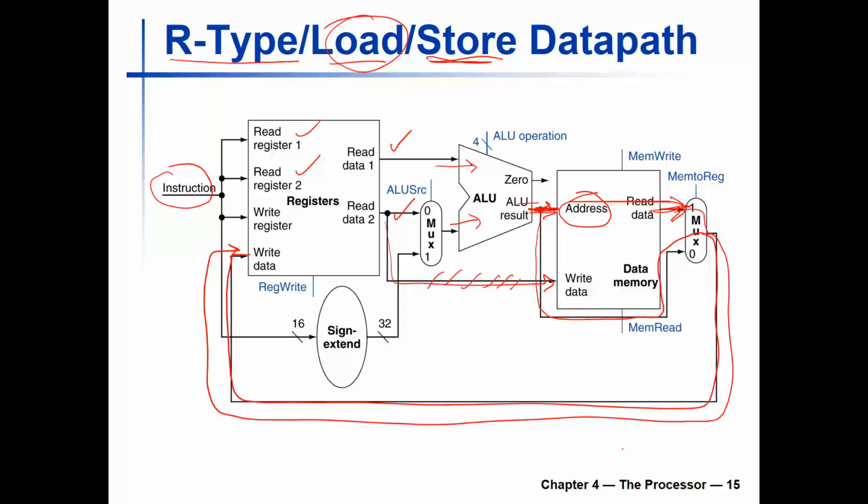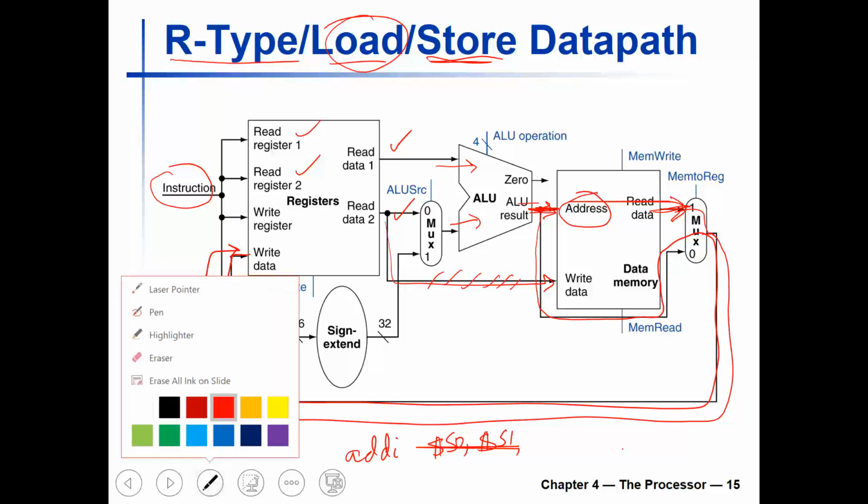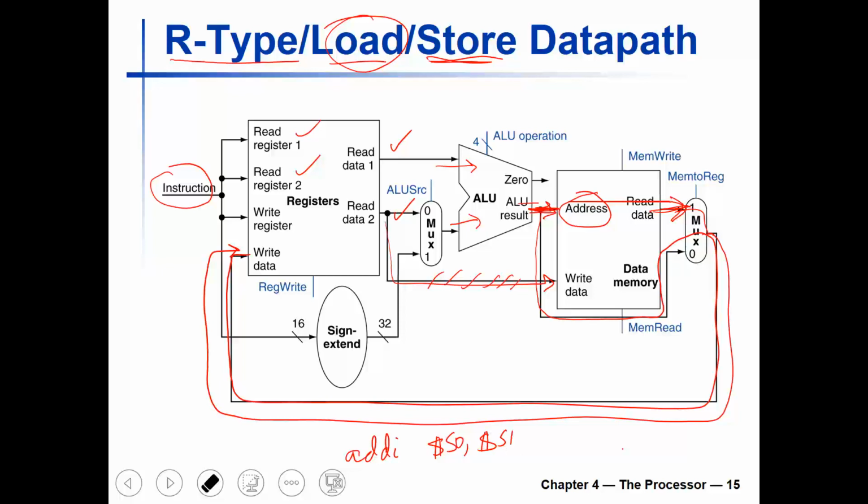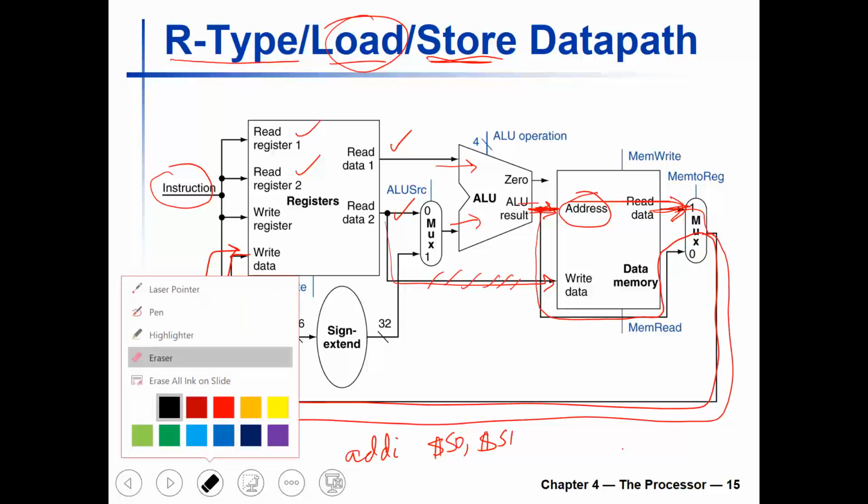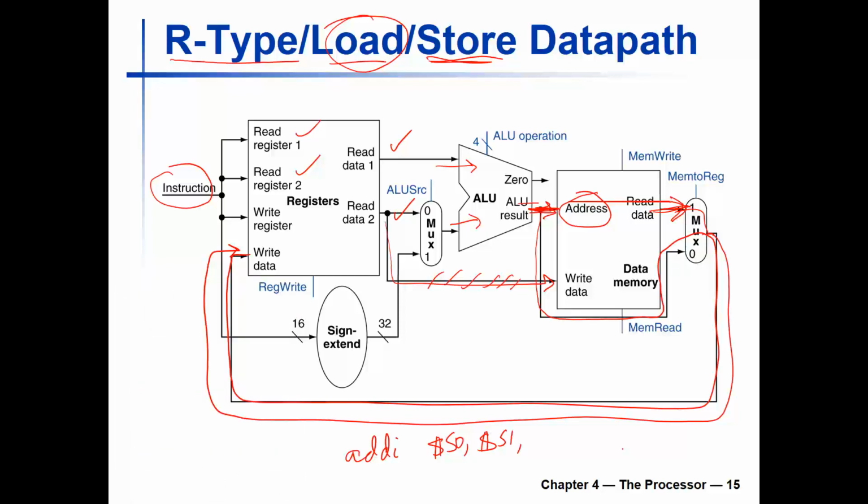Now notice that sometimes for operations with immediate data, for example add immediate S1, let's say 14. This 14 is immediate data, so we send it to the second operand of the ALU.